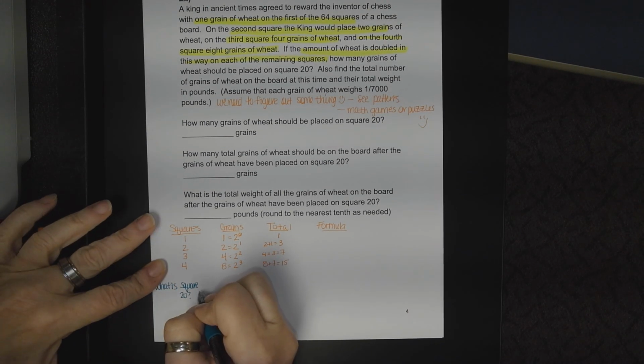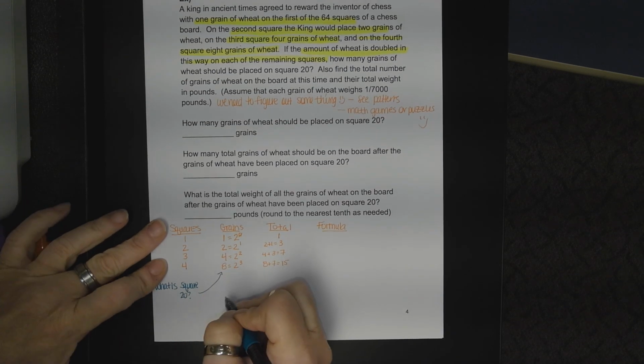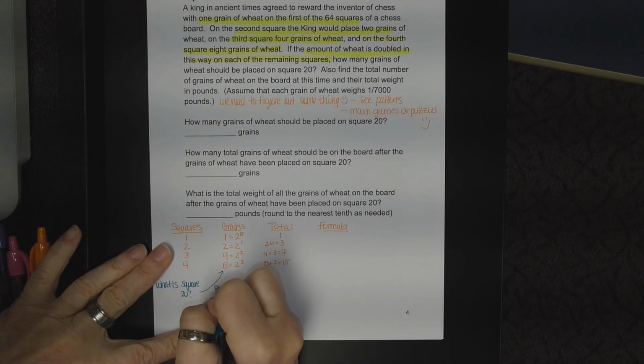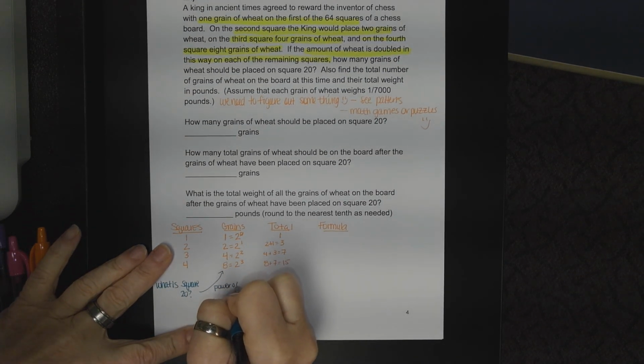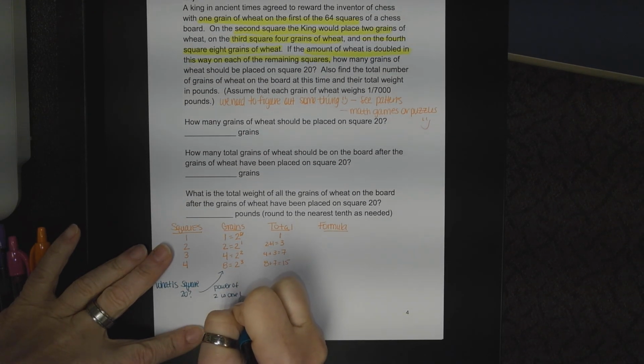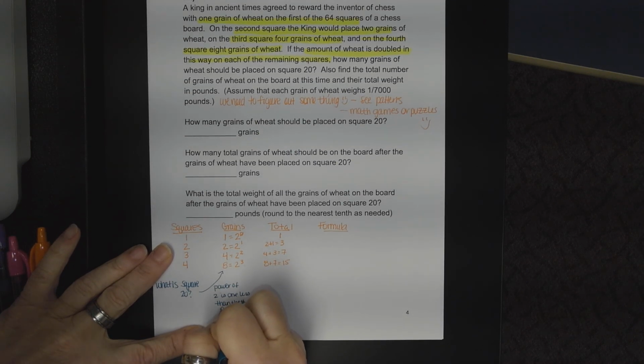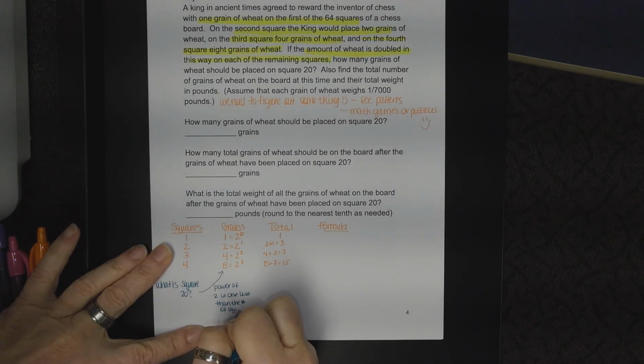So we could look here, see that the power of 2 is 1 less than the number of squares.